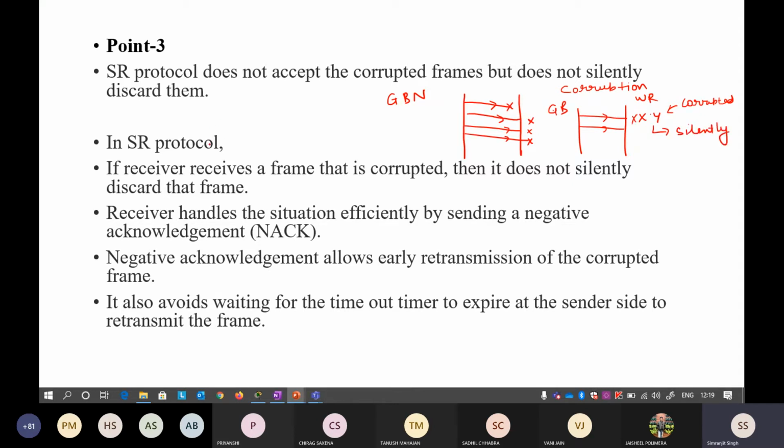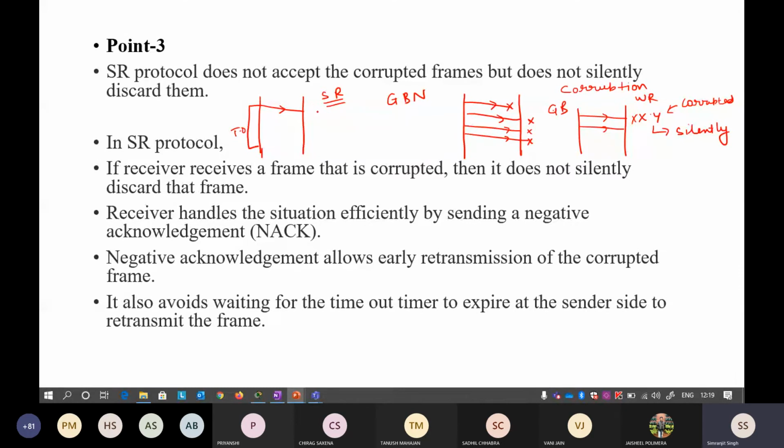But in the SR protocol, there is an advantage. Suppose you send a packet and that particular packet is corrupted. The timer will be running there. Now the SR protocol does something very useful.